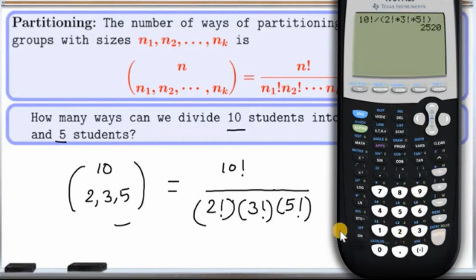So 10 factorial over 2 factorial times 3 factorial times 5 factorial is equal to 2520.